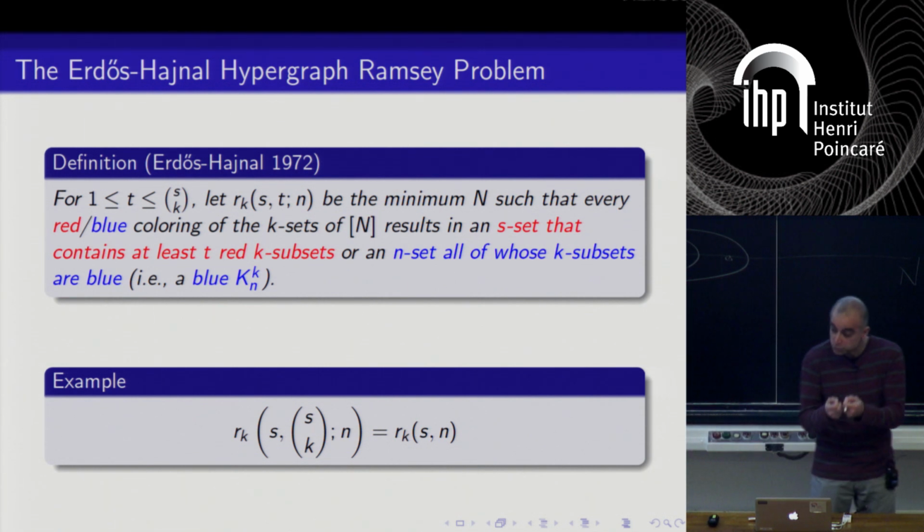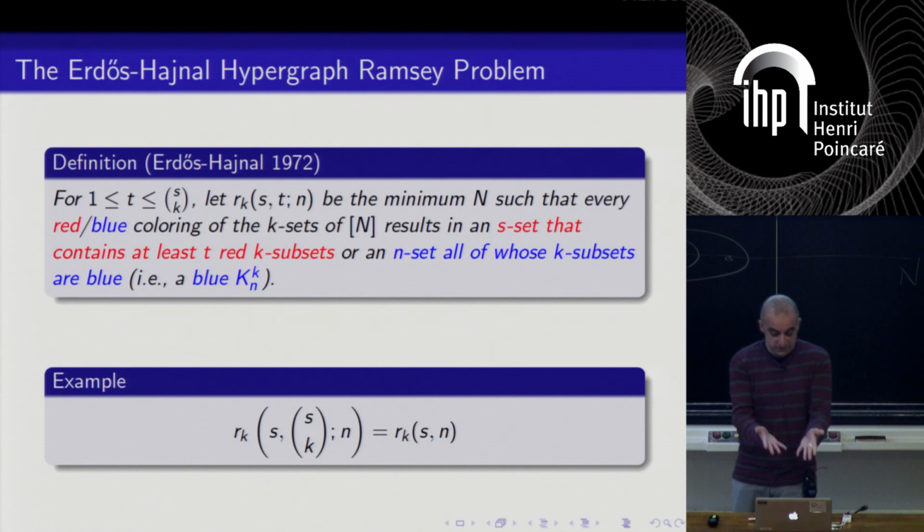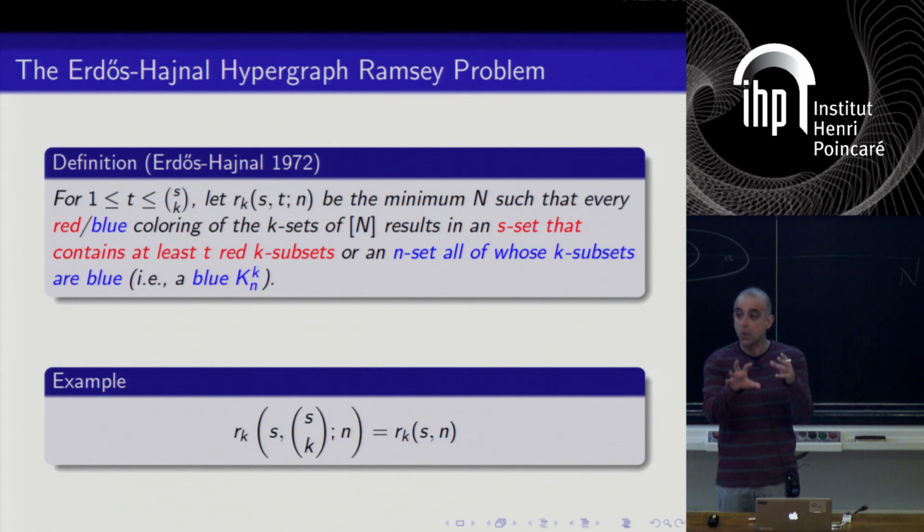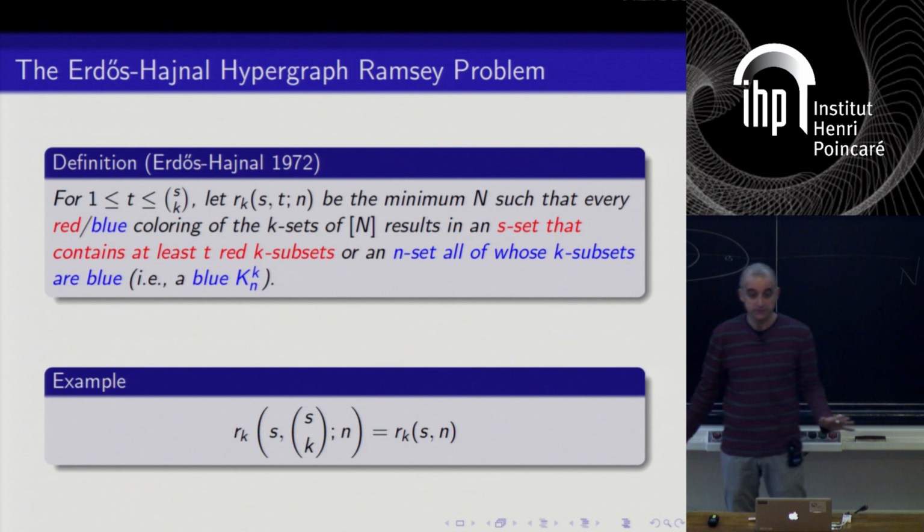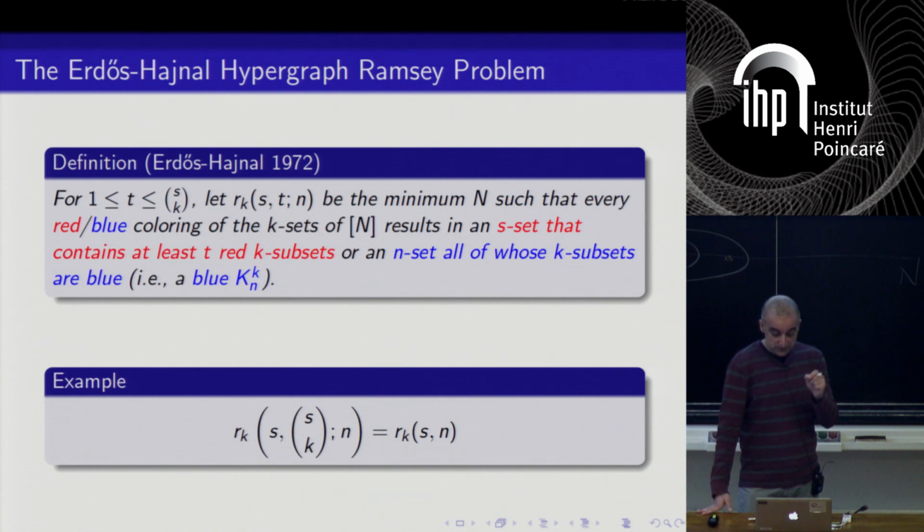So when t is 1, the question is saying, well, you're not allowed to have an s-set with one red edge. That means you're not allowed to have any red edge at all. And so this Ramsey number is just little n, right? Because everything has to be blue. So if you have more than little n points, you have a blue n-clique. So when t is 1, this thing is little n.